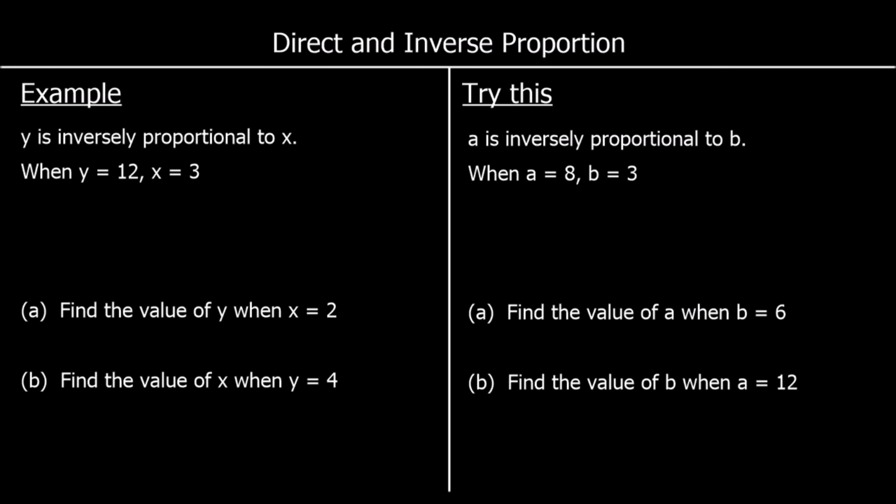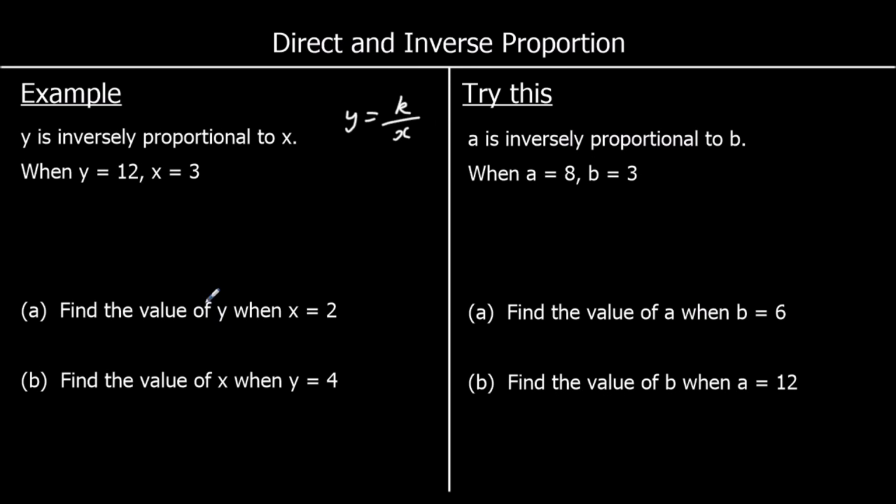And another example, this time it says y is inversely proportional to x. And an inverse proportional relationship tells us that y equals something divided by x. So y equals k over x.